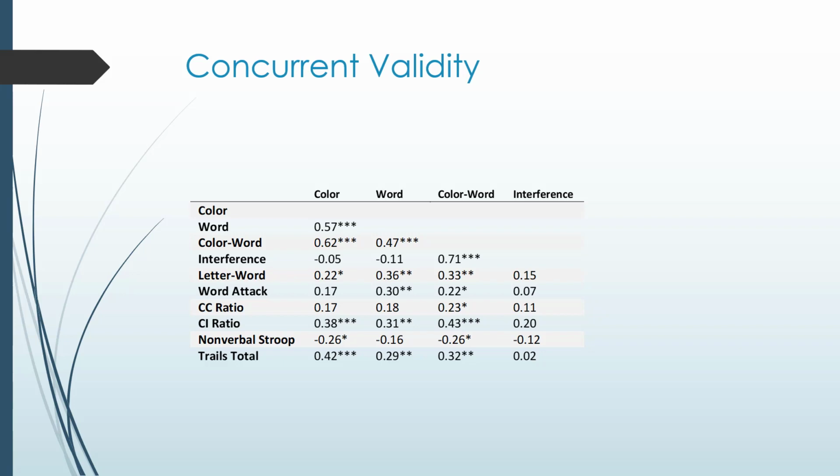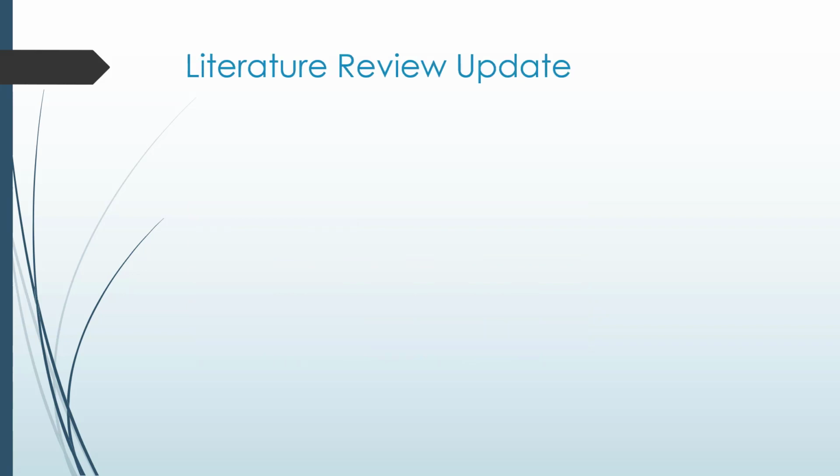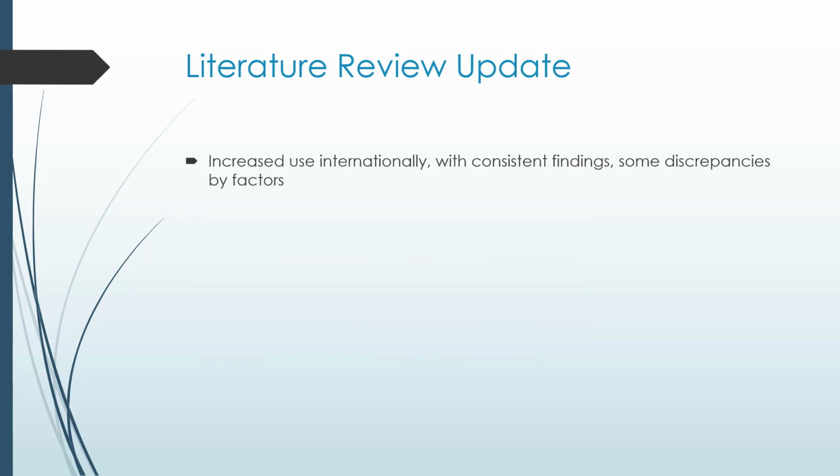In the manual, this is described further, looking at discriminant validity and assigning some of these different scales to a particular dimension, and looking at how they group together.